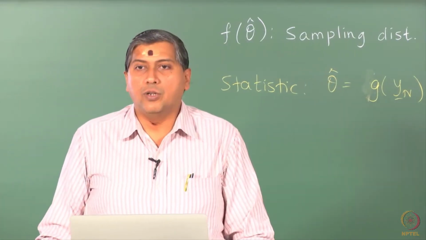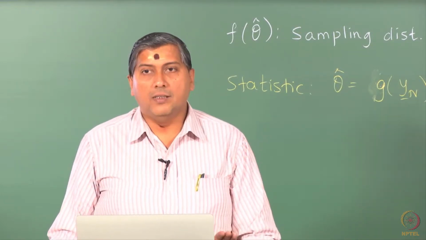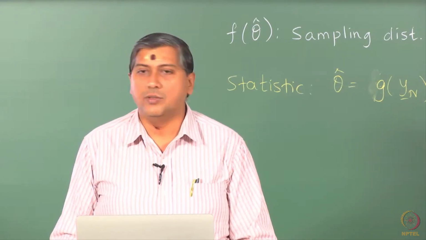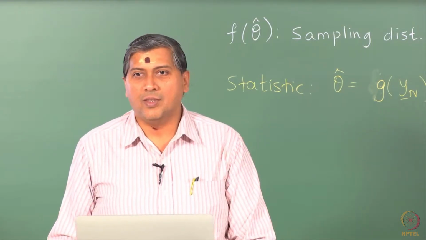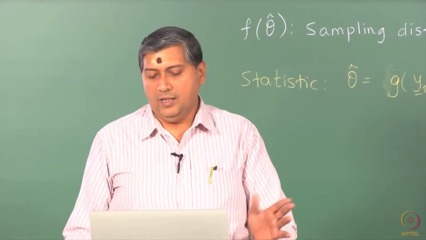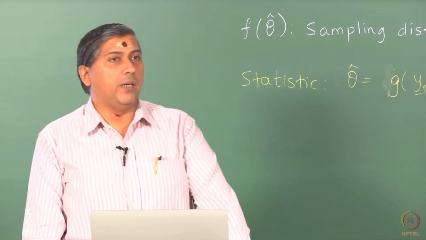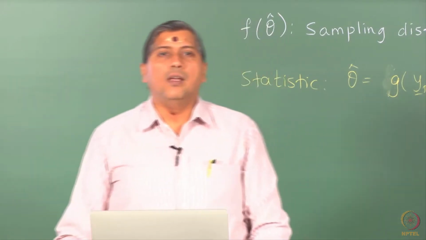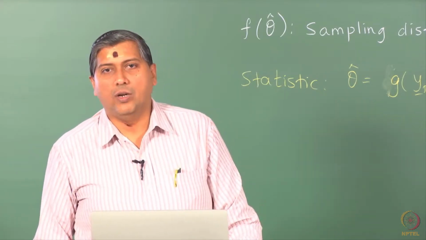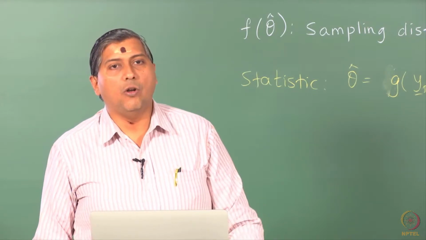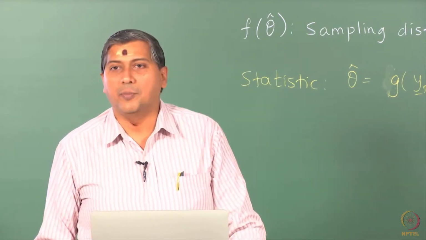So, mathematically there is no difference between a statistic and an estimator or an estimate, but there is a very important and subtle difference, which is that a statistic is any mathematical function that you may construct for your own joy, because you have a lot of time on your hands, you want to do something with your observations, you perform some mathematical operation on it, you will get a number. But on the other hand, an estimator or an estimate is a mathematical operation that you perform on the observations, specifically with the objective of estimating a parameter.